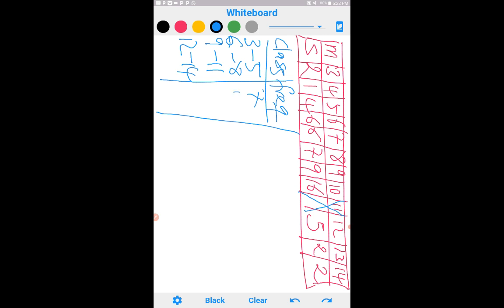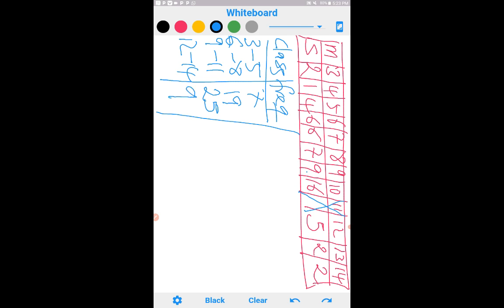So write the 19 here. 9 to 11, we'll add 9 plus 16, which should give us 25. 12 to 14 is 5 plus 2 plus 2, which is 9. Next question.